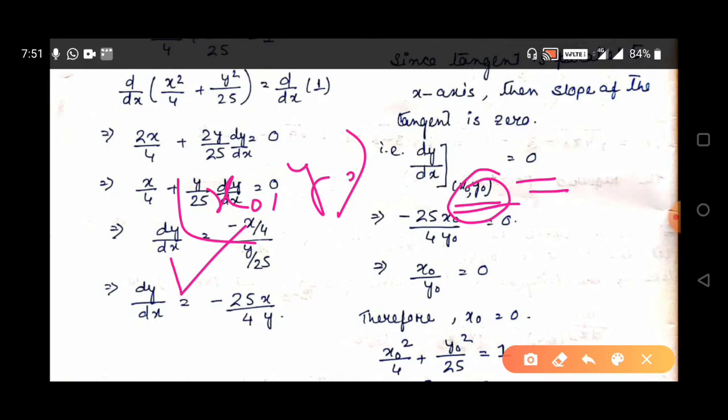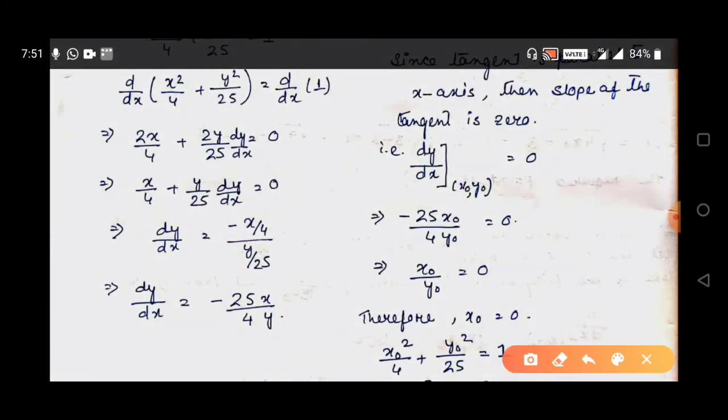Therefore here we have written dy by dx at the point x naught y naught is equal to 0. Now from here minus 25 x naught by 4 y naught is 0. So x naught by y naught is 0. Y naught can never be 0. So from here we will get x naught is 0.